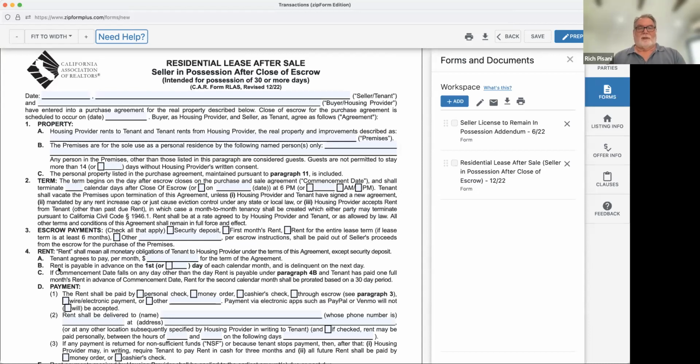I guess you can put what other payments you're asking them to pay per escrow instructions shall be paid out of seller's proceeds from escrow for the purchase of the premises. So you can get the security deposit and the first month's rent, or you can get the security deposit and the rent for the entire term.